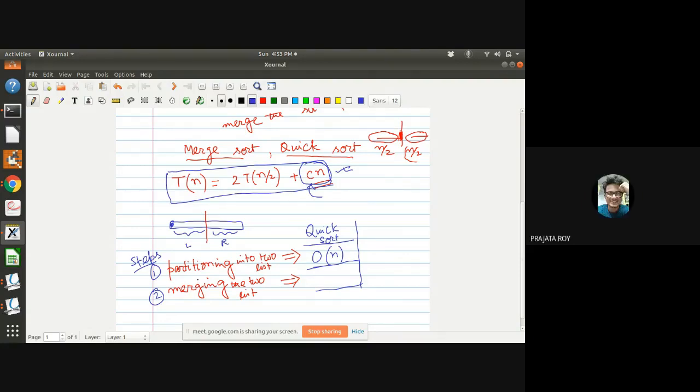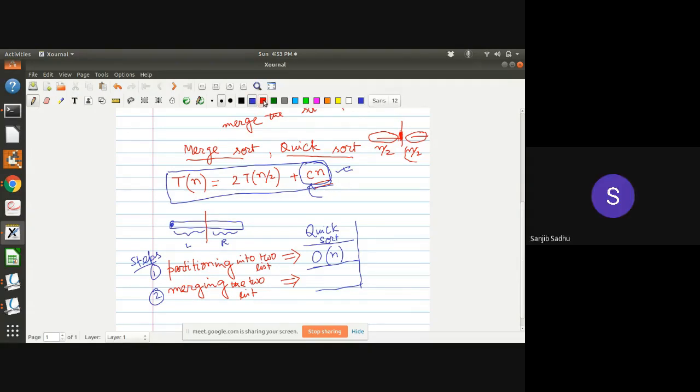Sir, constant time, sir, because we are just shifting the elements, so merging won't take time. No, make it clear to your friends. Sir, O(1). Why? Make it clear to your friends. Sir, because by shifting the elements we are doing a virtual merging.